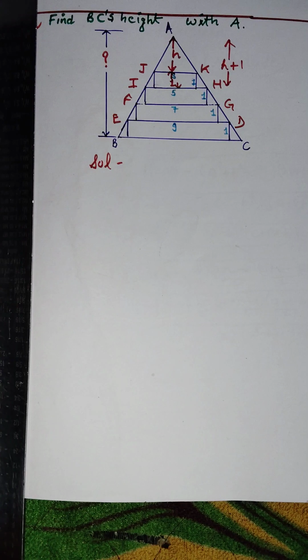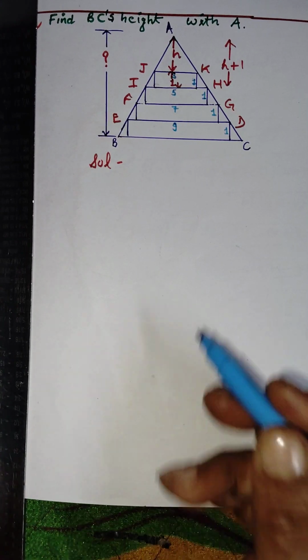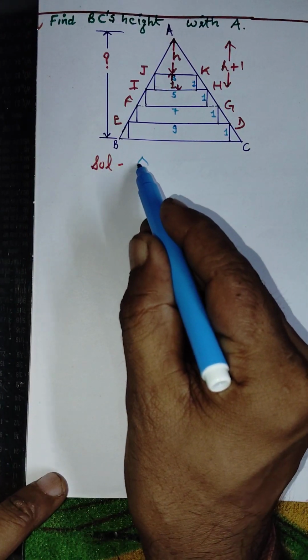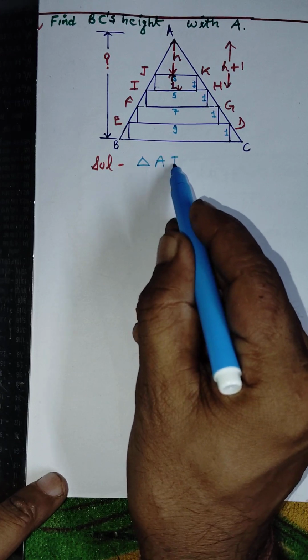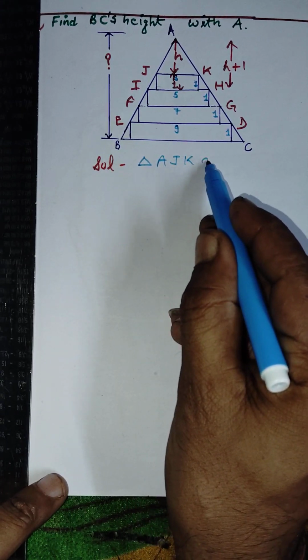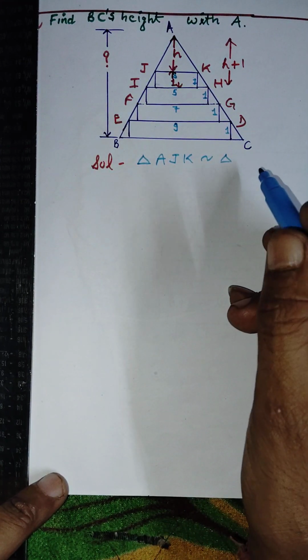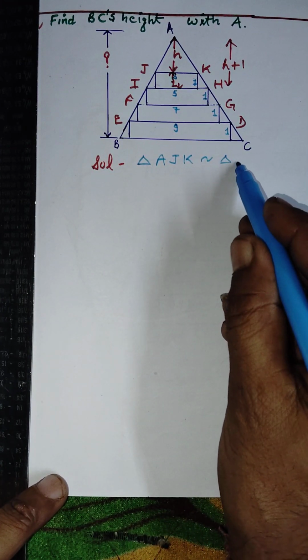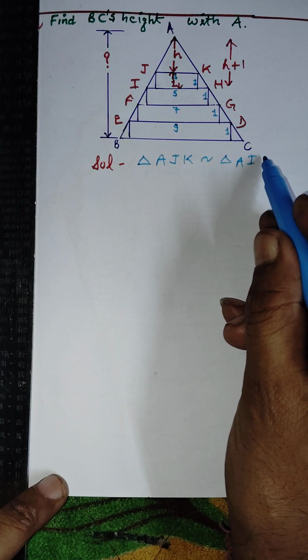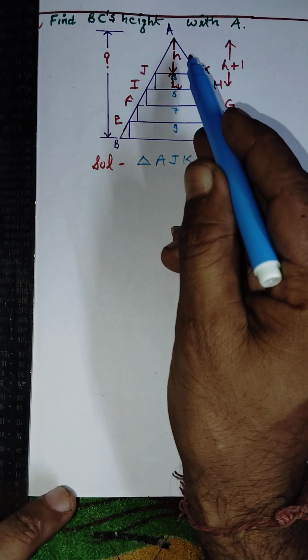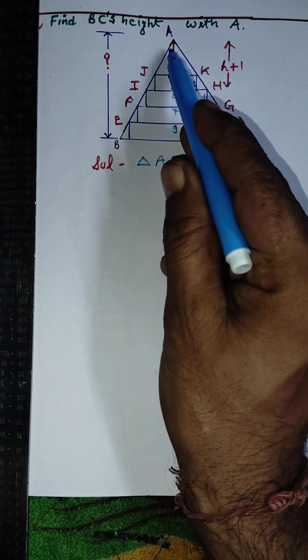In the given solution there are two similar triangles: triangle AJK is similar with triangle AIH. Why? Because of angle similarity.